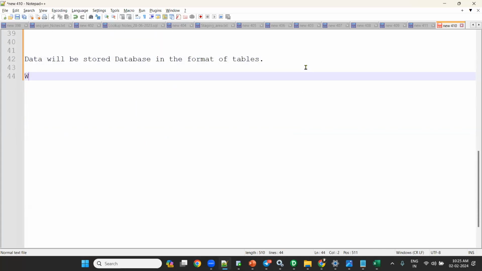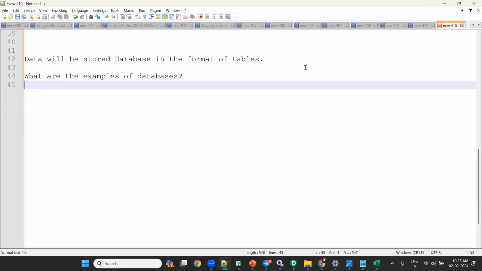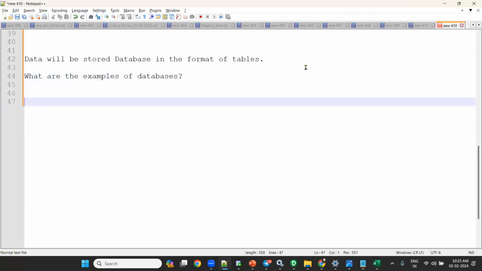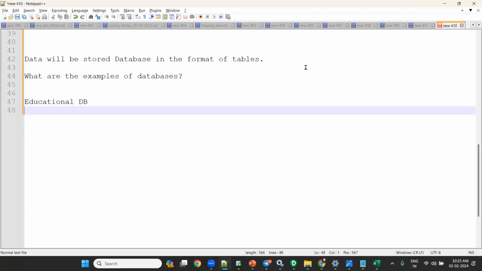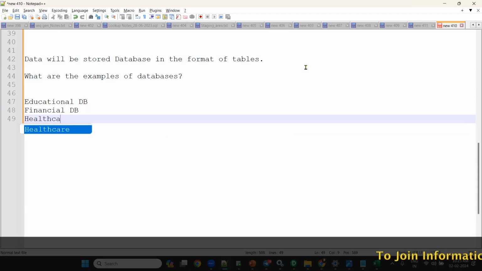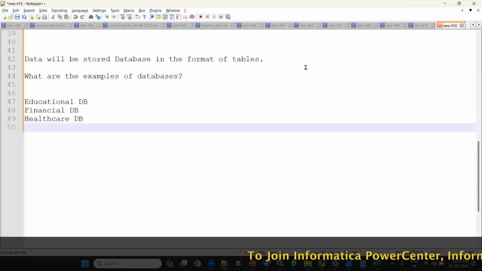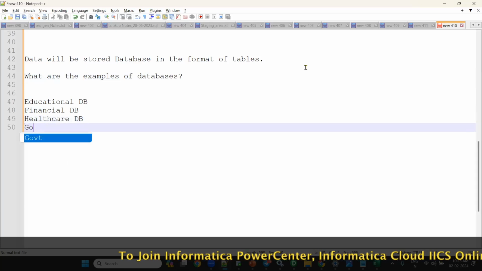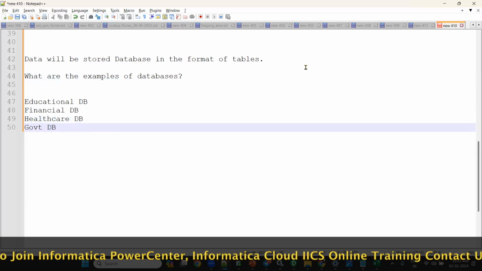So what are the examples of databases in the real world? Educational database, financial database, healthcare database, government database. So these are all databases, correct?